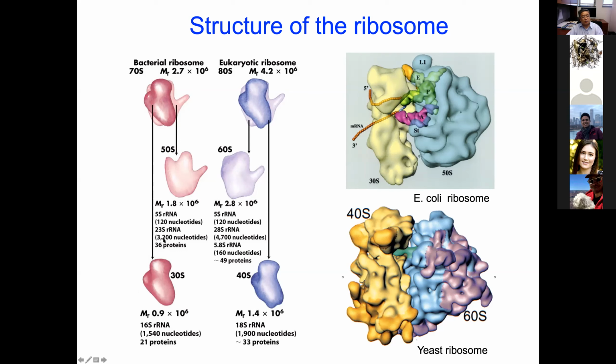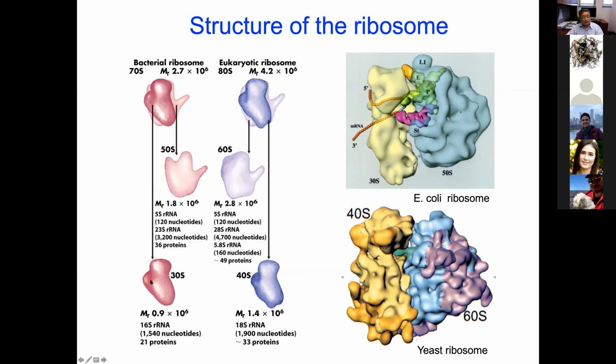It contains 3,200 nucleotides. So that's a very large RNA molecule, which actually forms the scaffold of the ribosome. And the large subunit also contains 36 proteins, so it has a molecular weight of almost 2 million Daltons.